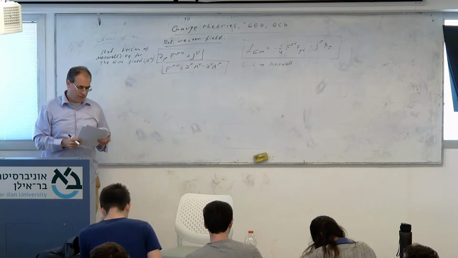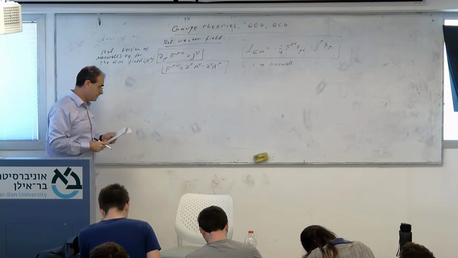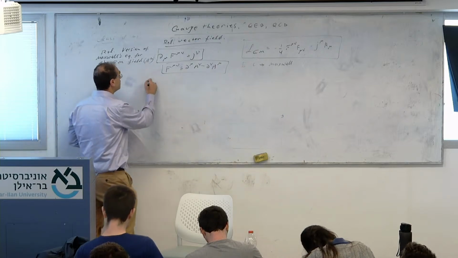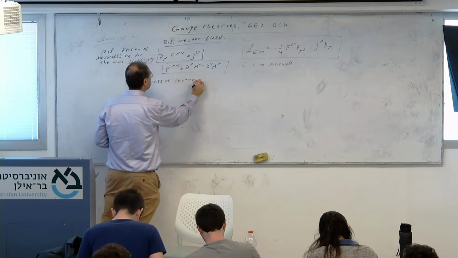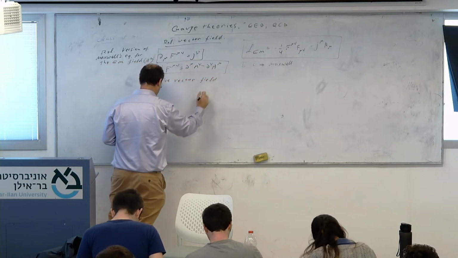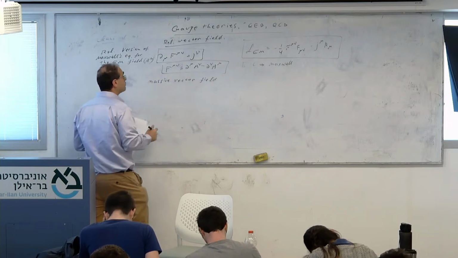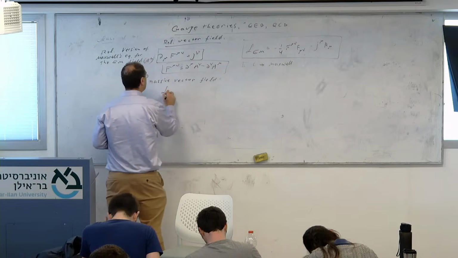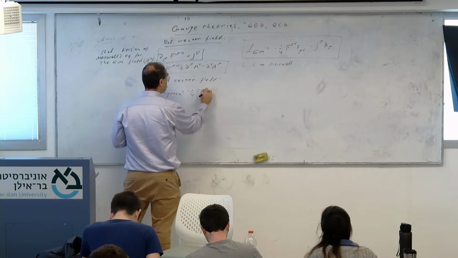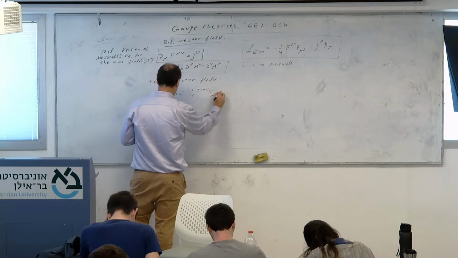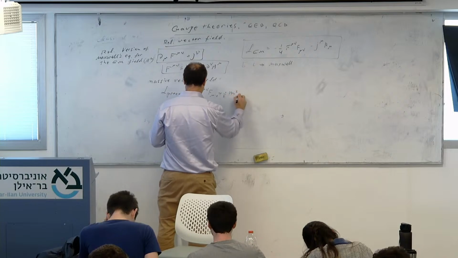What about the massive vector field? We discussed that, the Proca. So for the massive vector field, we have L Proca equals minus 1/4 F mu nu F mu nu plus 1/2 m squared A mu A mu.